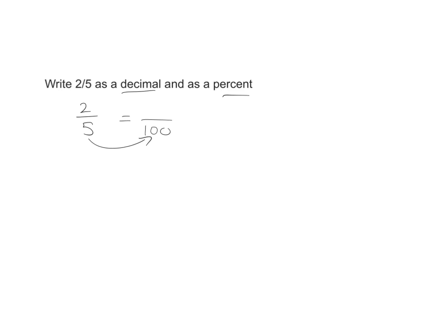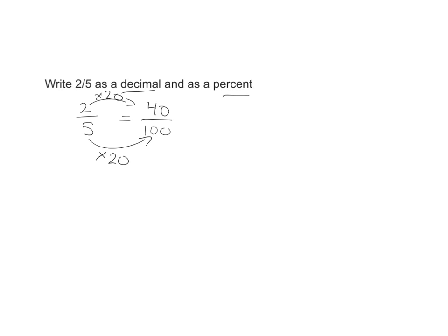So I ask myself, well, 5 is smaller than 100, so what number, when I times it to 5, gives me 100? And in this case, 5 times 20 gives me 100. So therefore, I can do the same thing to keep this an equivalent relationship. I'm going to have to multiply the top by 20 as well. So 2 times 20 gives me 40. So 2/5 is equal to 40 over 100.